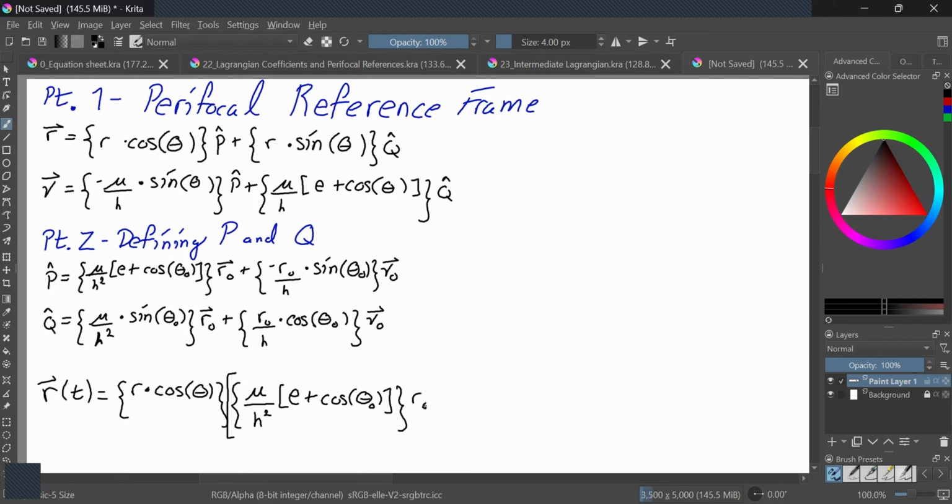That is r naught's direction, minus r naught over h times the sine of theta naught, in the v naught direction. Perhaps it is best to say that it is scaled by v naught.